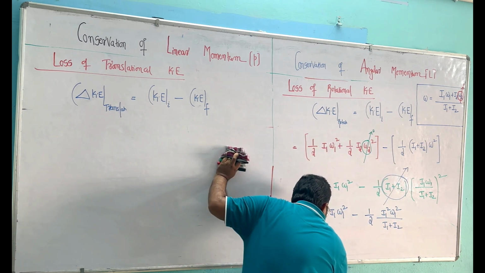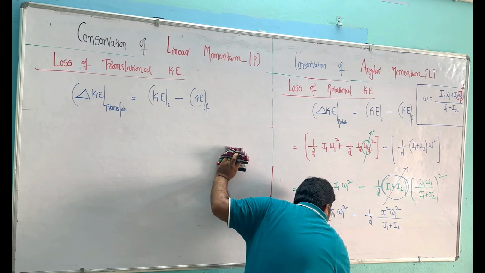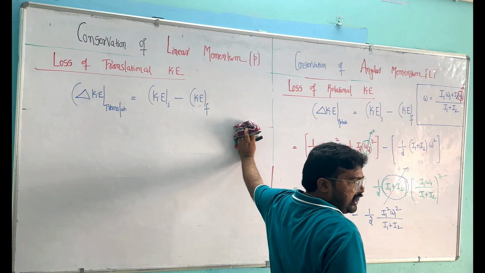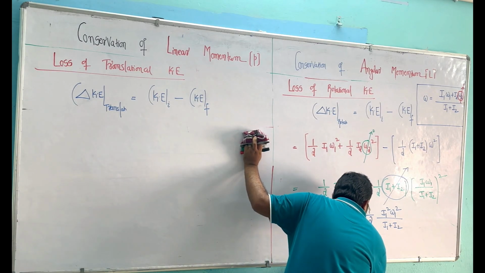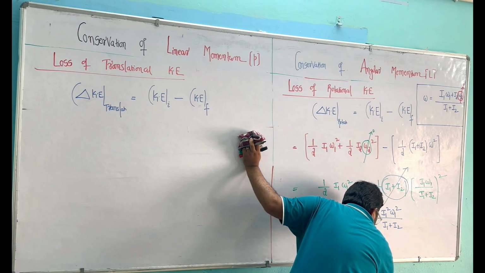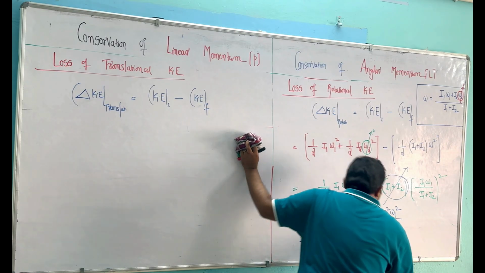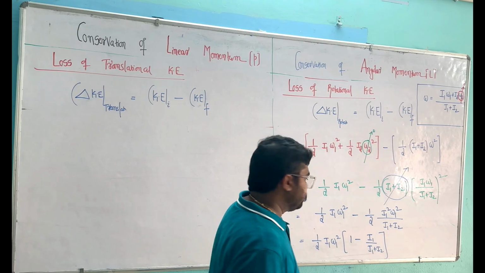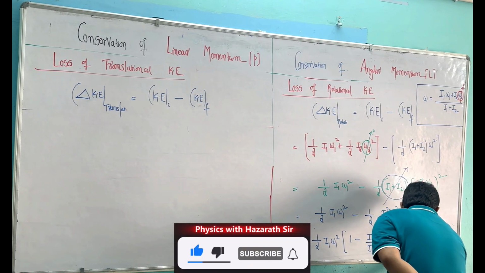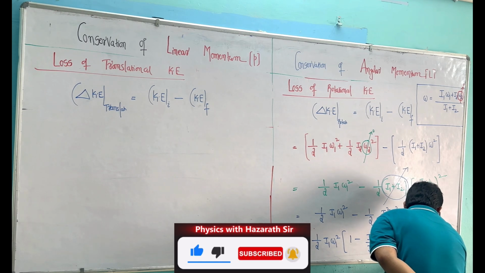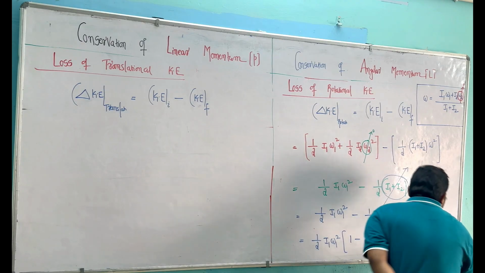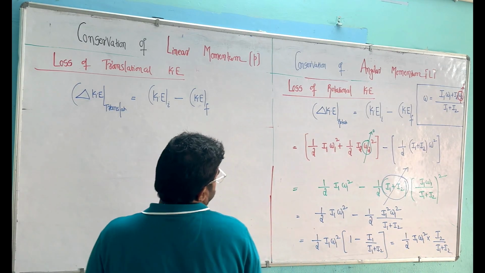So here half I1 omega 1 square is taken out, 1 minus I1 by I1 plus I2. That is equal to how much? Half into I1 omega 1 square into I2 by I1 plus I2.